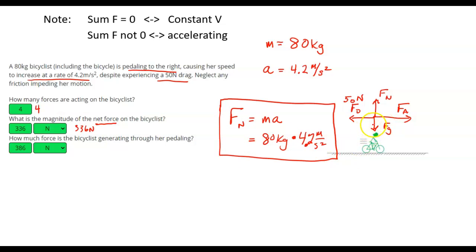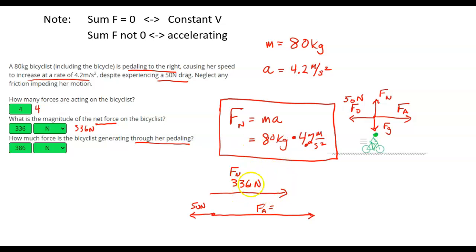Okay, so we know that our net force is 336 newtons. This is F net, and this is comprised of 2 forces. We're pedaling at some force, and we're having an opposing force of 50 newtons. So what minus 50 is going to get us to be 336? This is our applied force, our pedaling force. So how much force is the bicyclist generating through her pedaling?